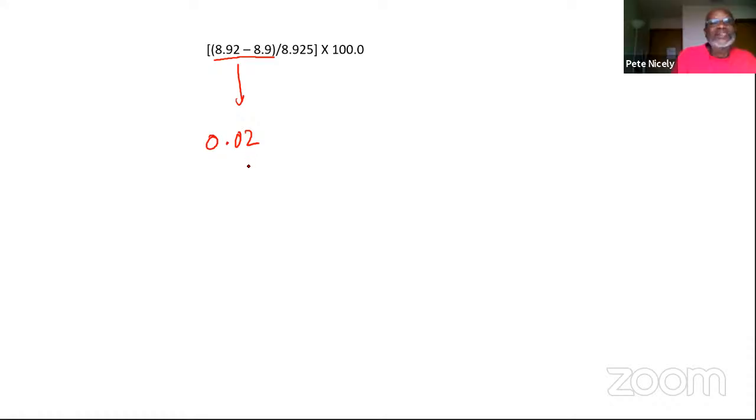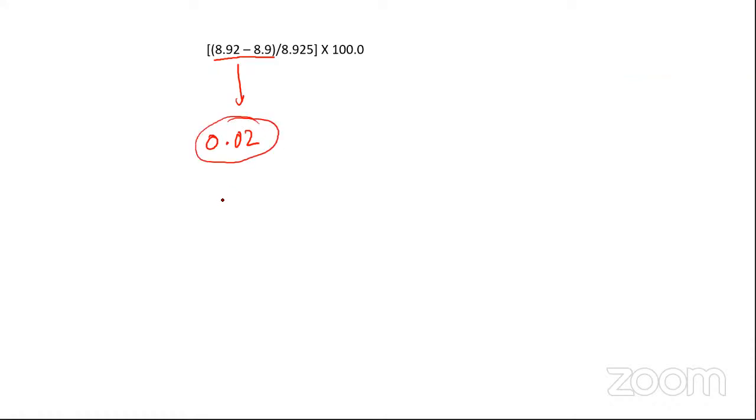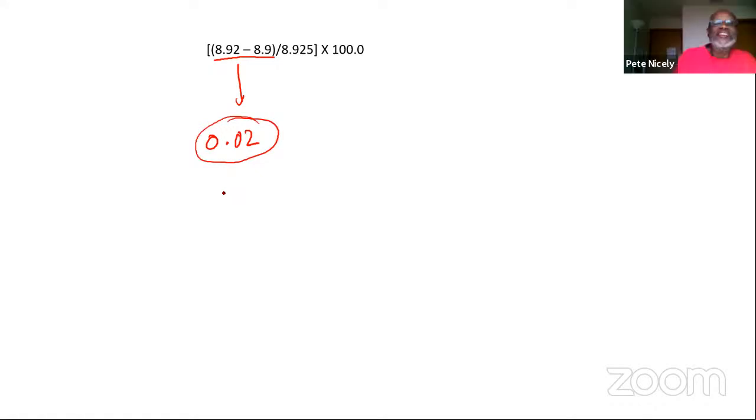Do 0.02 divided by 8.925. Not quite, because there's something you need to do to this. You have to make it 1 decimal. Exactly. You have to round that number to 1 decimal place because the 8.9 has 1 decimal place, and the 8.92 has 2 decimal places.